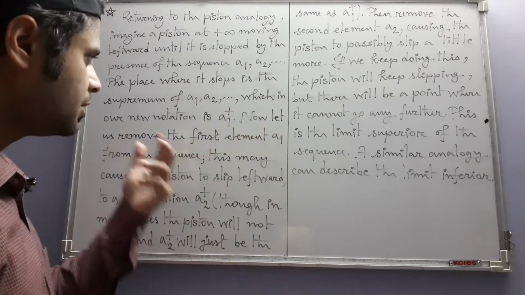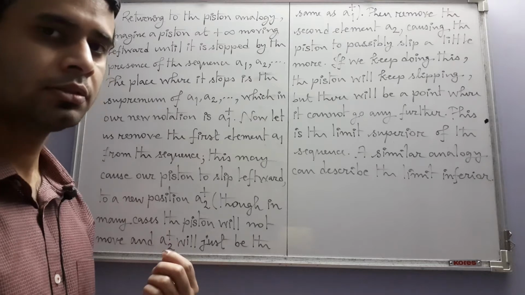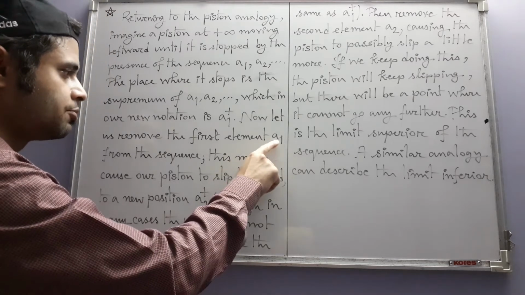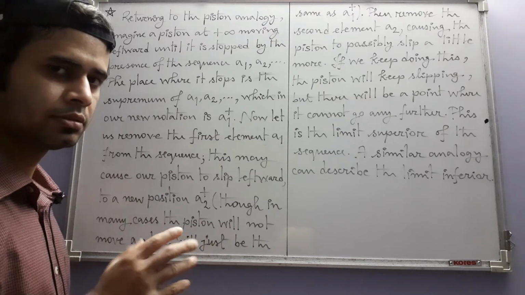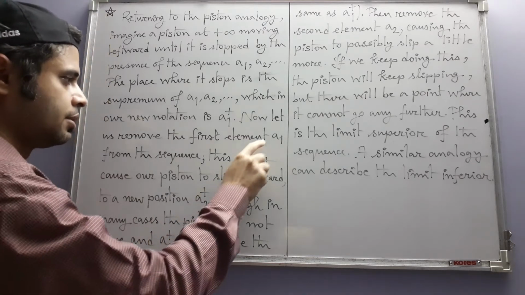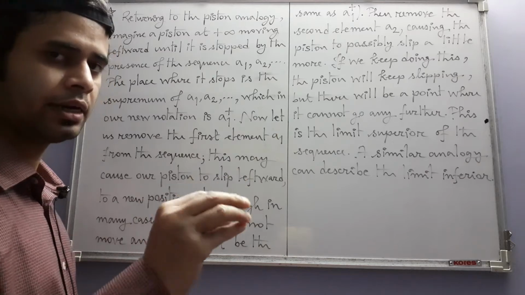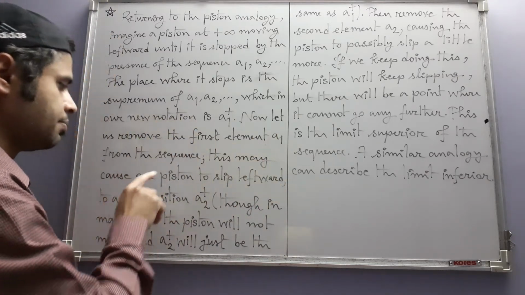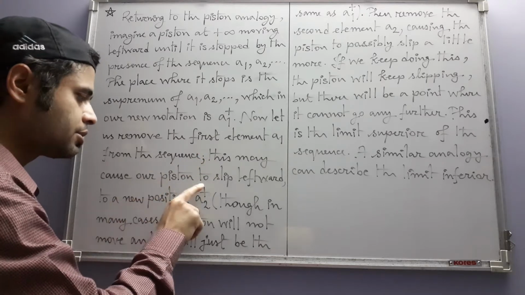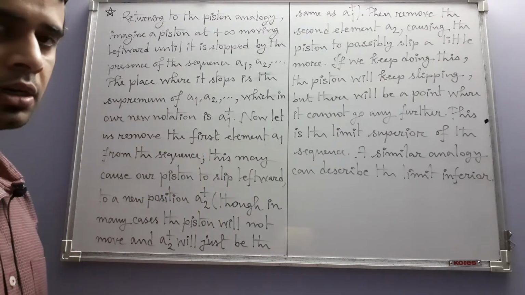Now we start removing terms from the sequence. We first remove the element A1. Terms and elements are used synonymously, okay? They just mean the individual elements of the sequence. Now if we remove A1, then this may cause the piston to slip leftward.